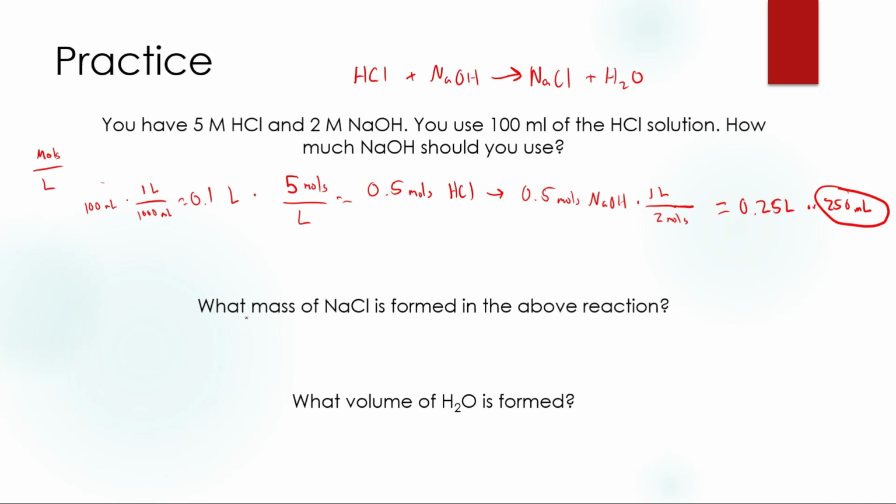Now this next one asks what mass of NaCl is formed. So we can start by just using these moles again. We don't have to reconvert from the beginning. So we have 0.5 moles, and that's going to end up being the same for NaCl because our reaction is a 1-to-1 ratio. So we have 0.5 moles of NaCl, and we want to get grams of NaCl.